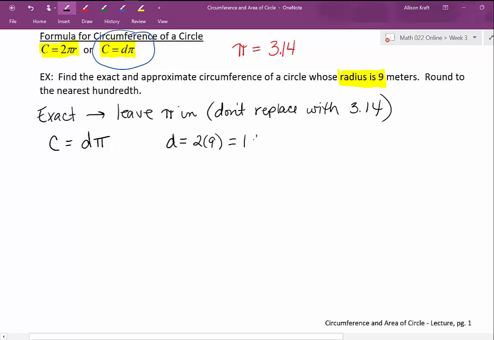So my diameter is 18 meters. I'm going to replace d with 18. I get c is equal to 18 pi, and then I'm going to put my unit of meters in. This is the exact circumference.